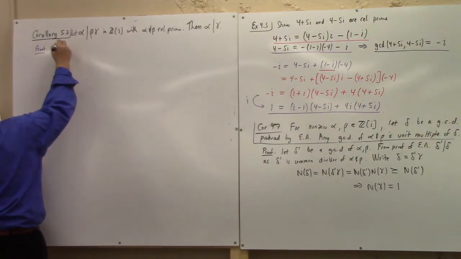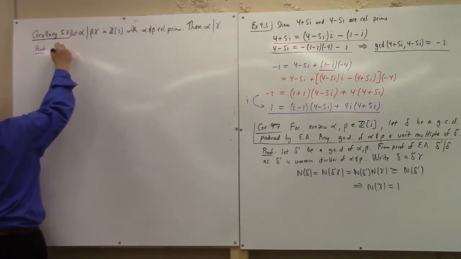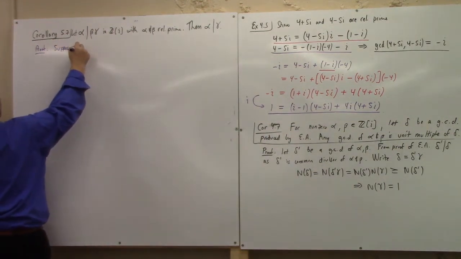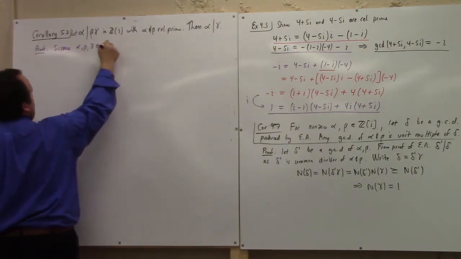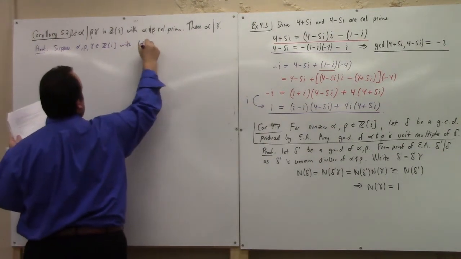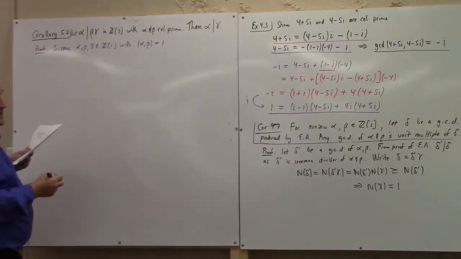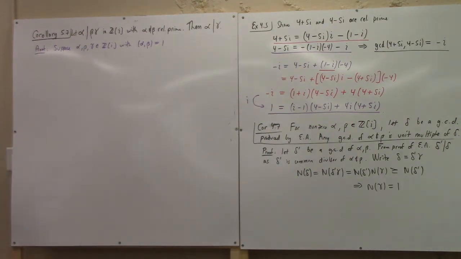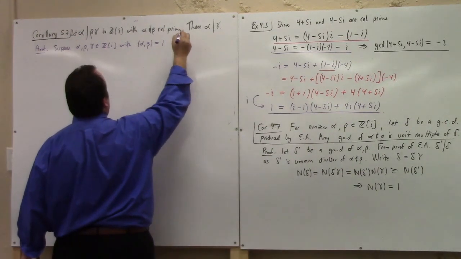So he says, we're going to suppose alpha and beta and gamma are Gaussian integers with (alpha, beta) equal to 1. This is his notation for GCD. So let's suppose that alpha and beta are relatively prime, right?